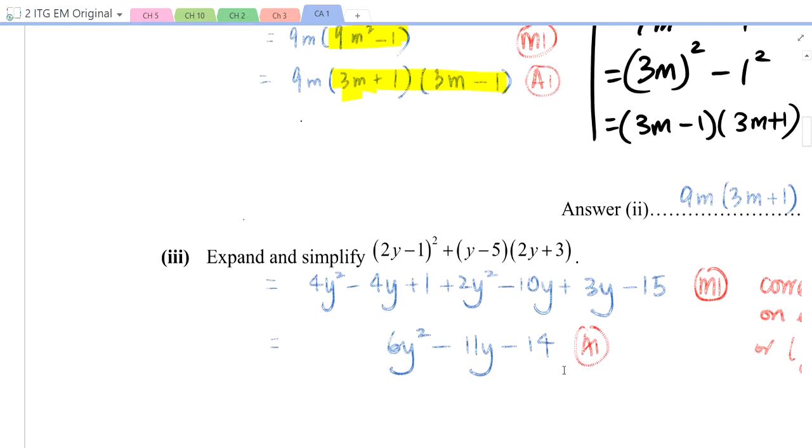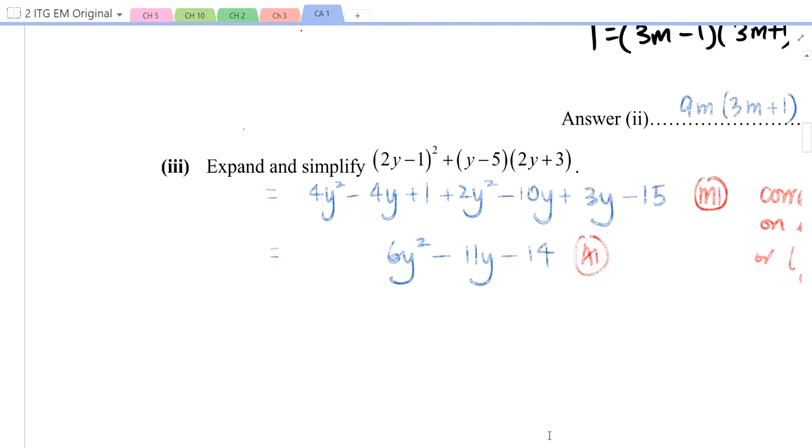Next, expand and simplify. A lot of careless mistakes made here. I can see that you know how to do it, but too many careless mistakes. The first one that we can expand, we've got 2y minus 1 and we square it.